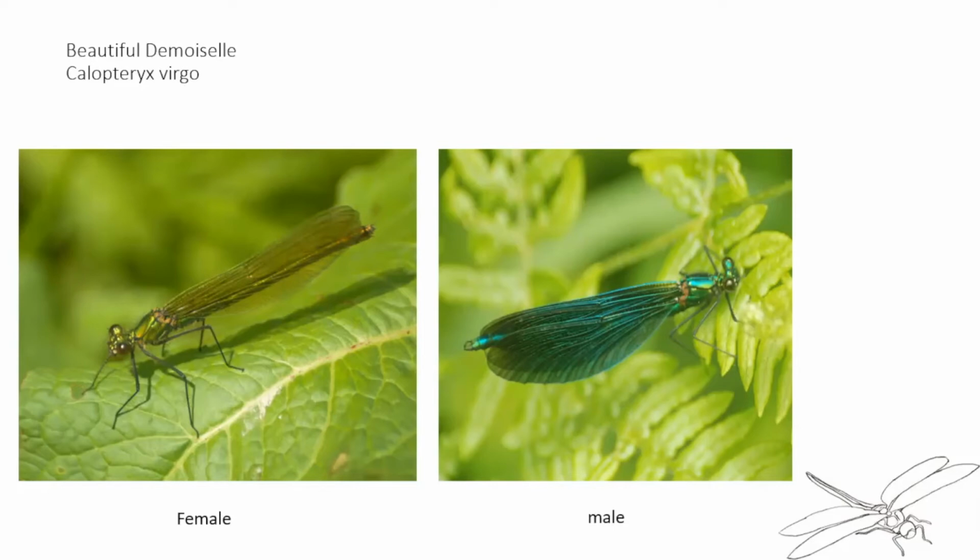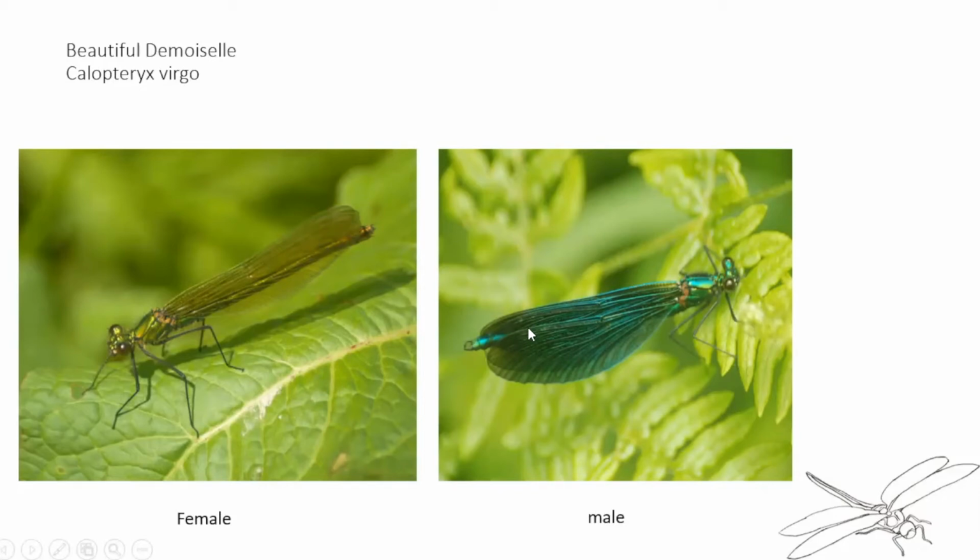You should, if we go through what we've been doing, eyes spread apart, yes, spread apart. Thorax, yeah. Wings down the length of its body, yeah. Body thin, delicate, yeah, that's thin and delicate. Pterostigma, there isn't one.